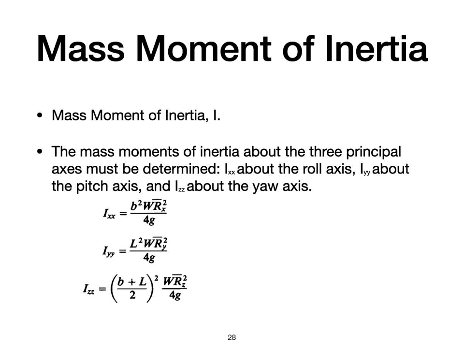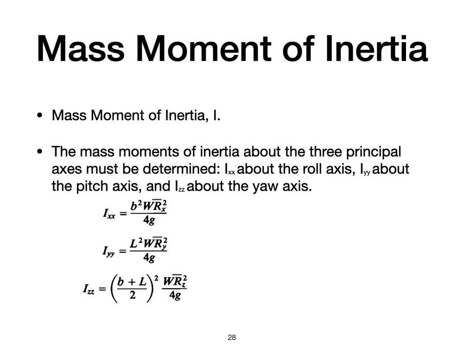For aircraft dynamic analysis, the mass moment of inertia about the three principal axes must be determined. Ixx about the roll axis is given by b squared W Rx squared divided by 4g.